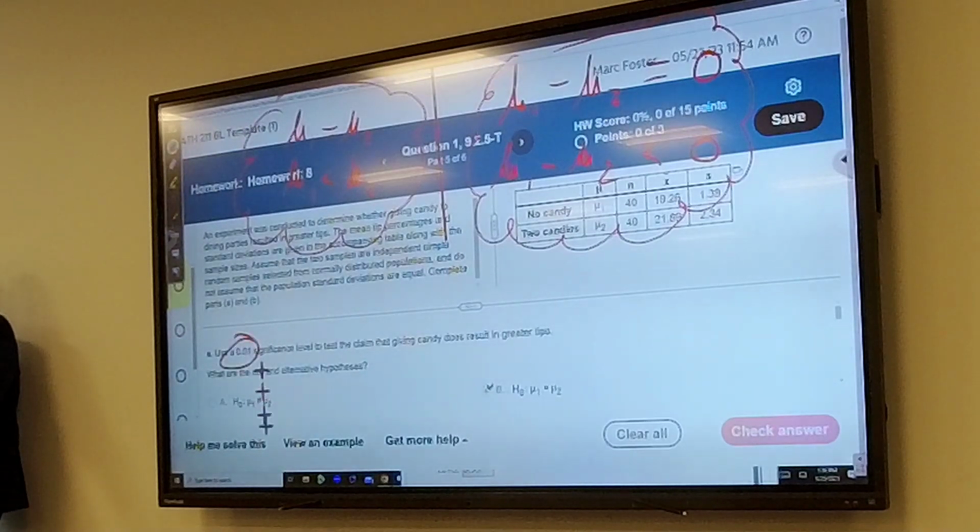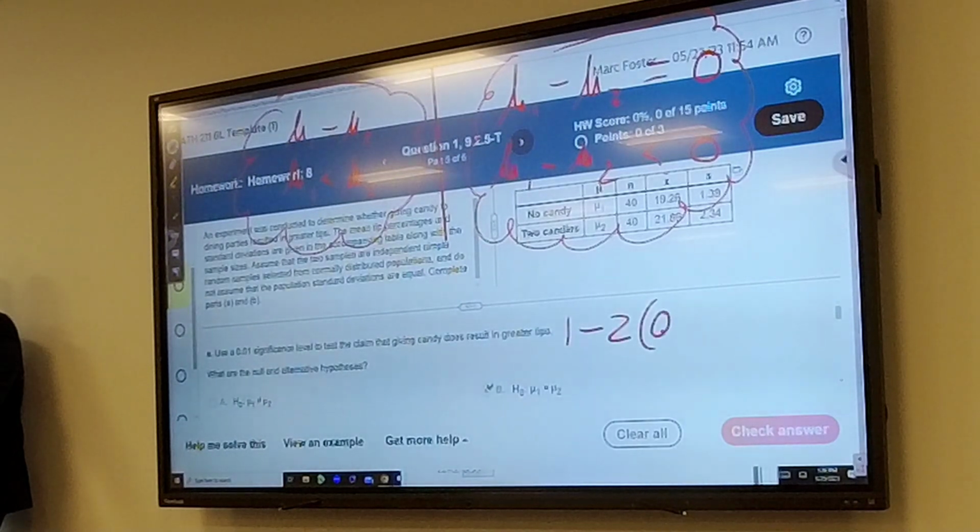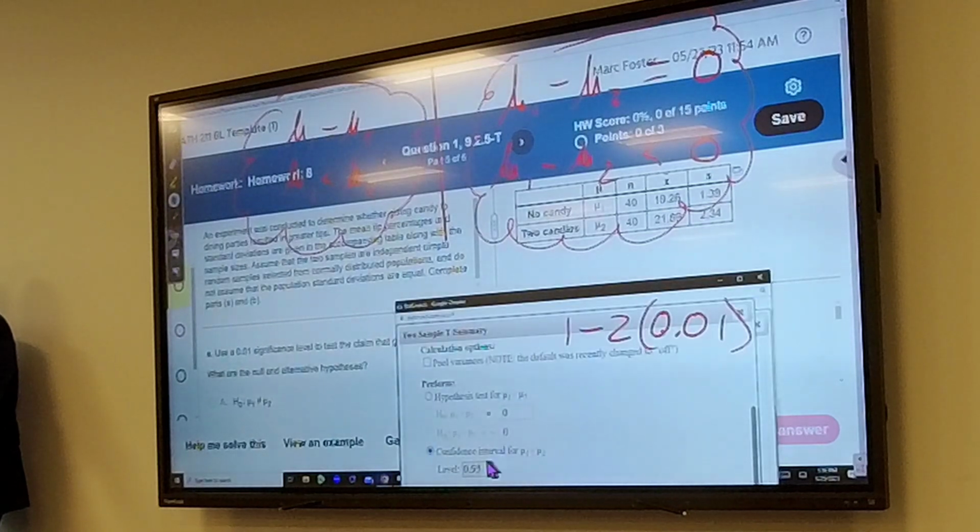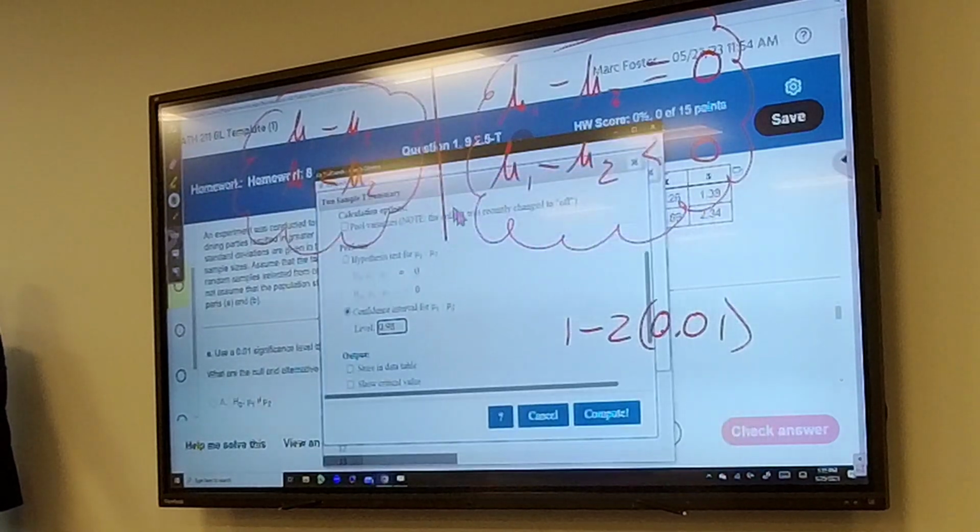It's 1 minus 2 of these, so it's 0.98. My confidence level is 0.98. It's 1 minus 2 times 0.01. .98 for my confidence level. And compute.